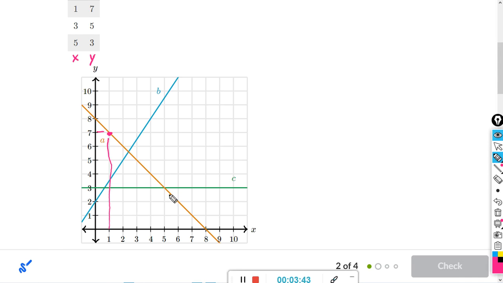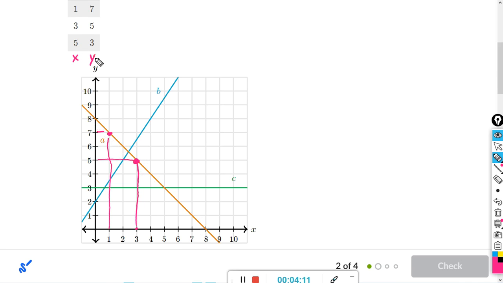I can tell already it's going to be the orange line, but let's keep going. Okay, X equals 3, Y equals 5. So go to X equals 3 and trace it up to Y equals 5. Okay, again, it lands on the orange line. Okay, and one more point.